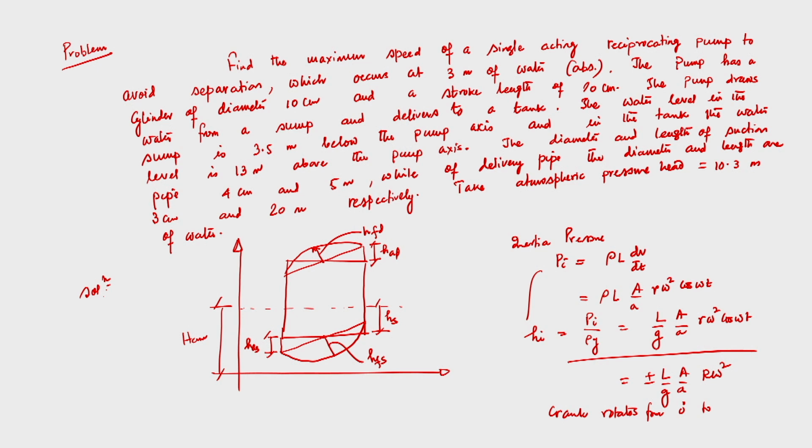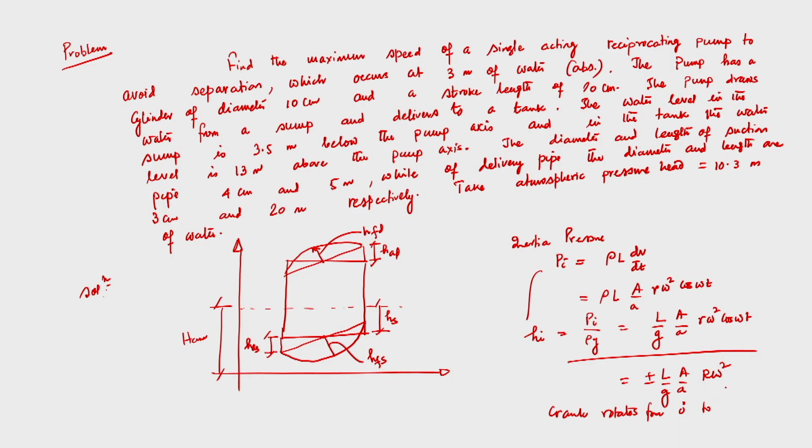As I said, at the beginning and end cos omega t will be 0, the inertial effect will be maximum, and velocity and fluid frictional effect will be 0. That is why we take 0 degree to 180 degree, and then again 180 degree to 0 degree. So this is the inertial pressure Hi.